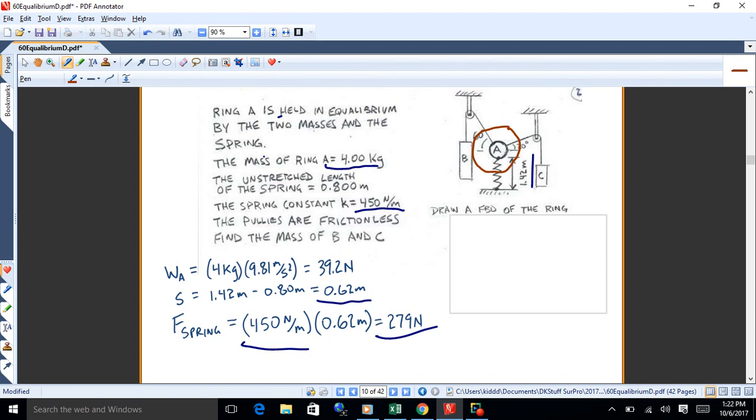The reason I'm emphasizing this is you've got to have a good free body diagram to get the right answer. If you don't have a good free body diagram, you're not going to get good answers to these kinds of problems, okay? So we want to be sure we start with a good free body diagram. Or sometimes I just call them force diagrams. Whatever you want to call them.